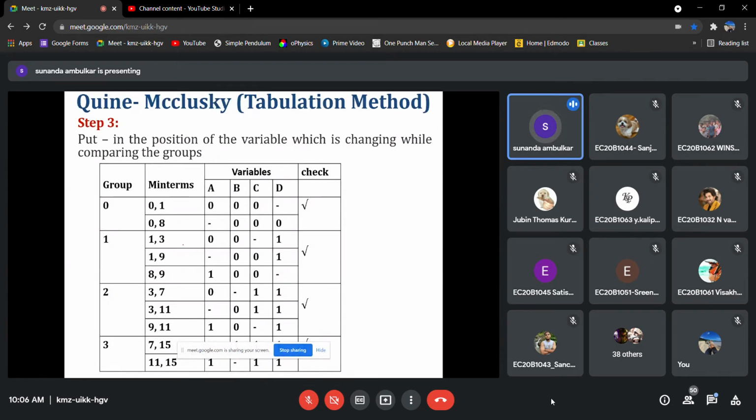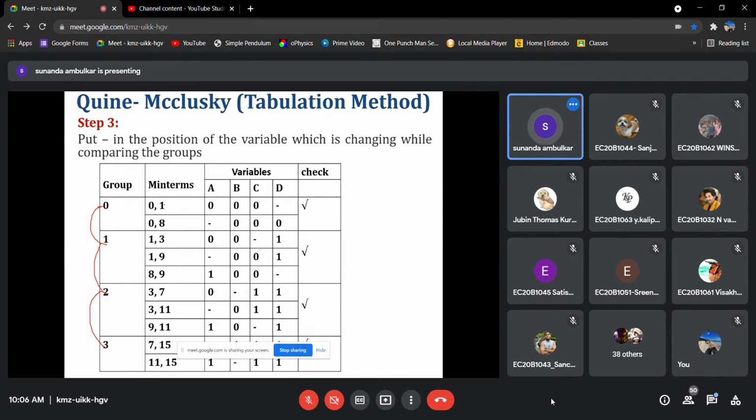So we have done this in the first group. One more thing we will check is whether further comparison is possible between the different groups or not. So we'll see group 0 with group 1, group 1 with group 2, and group 2 with group 3.